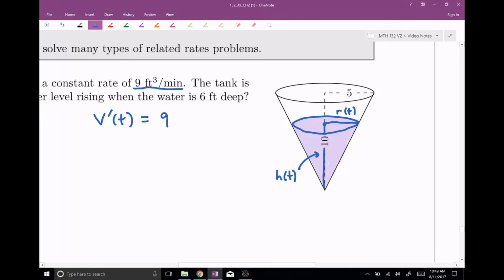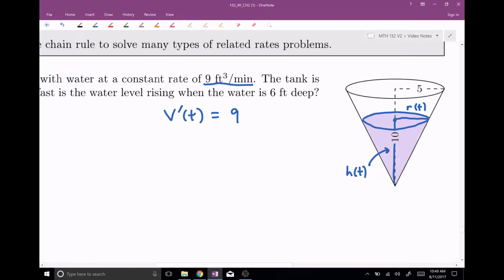As you add water, you can imagine that this cone is growing, and eventually it may even overflow. We have to be careful because that 5 and this 10 are the radius and the height of the structure, the actual cone structure, not of this cone of water. And this is what we're interested in.